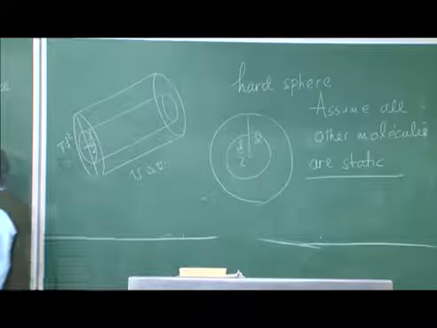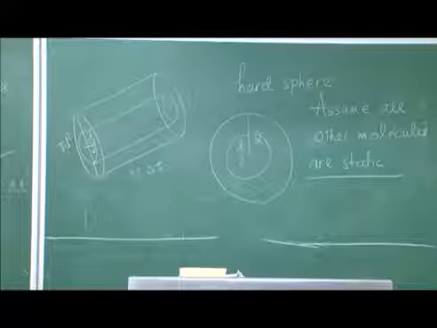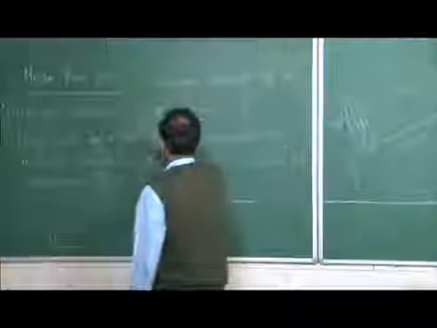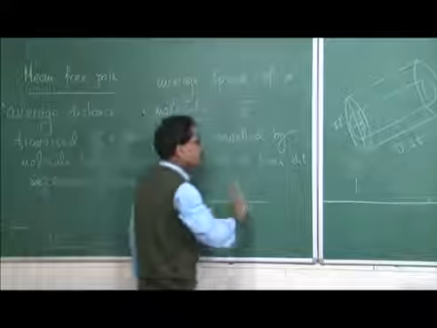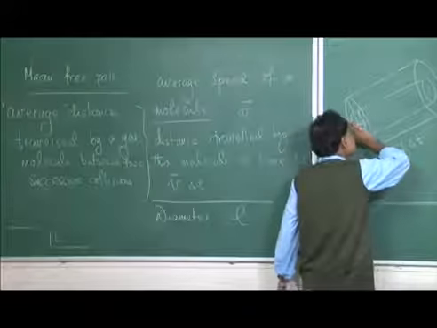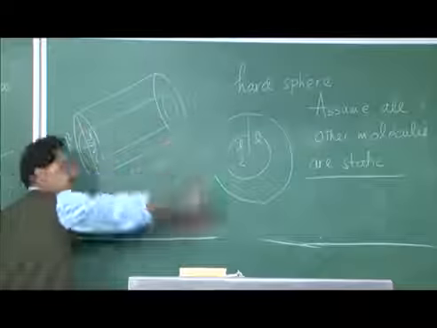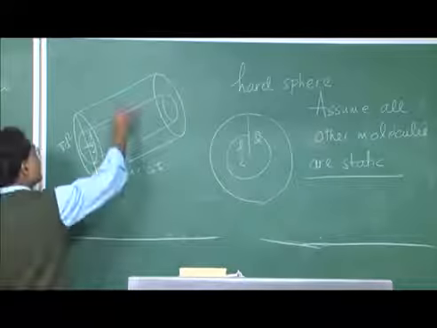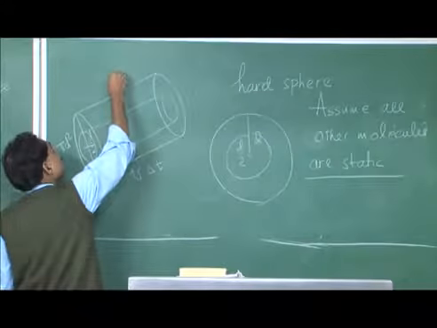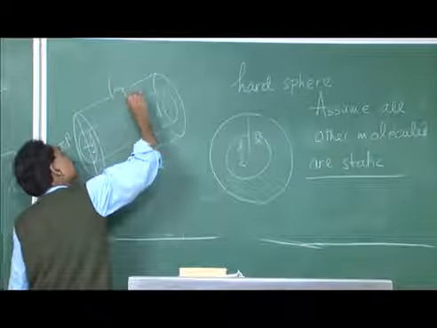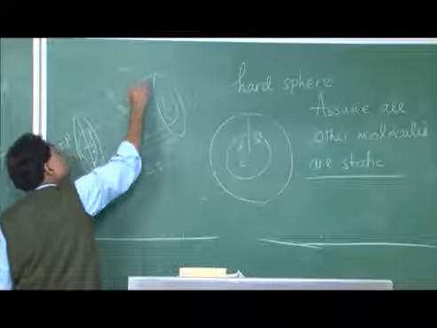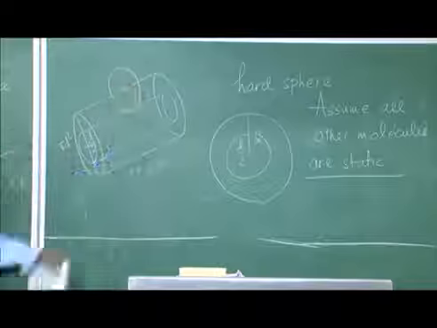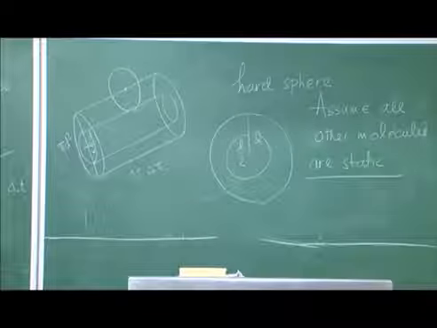Now, all the molecules are static, and my target molecule which I have talked about here is moving, and it covers this cylinder over a time delta t. Now, if any molecule collides with this, its center must lie within this cylinder.